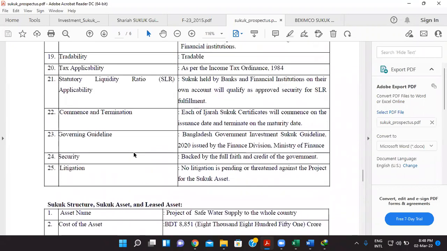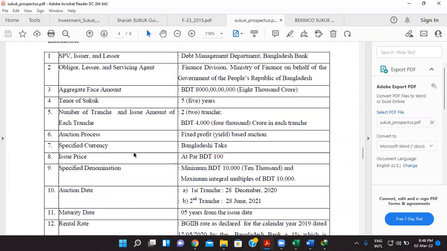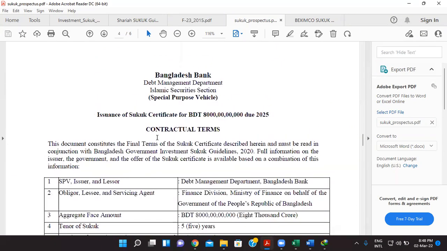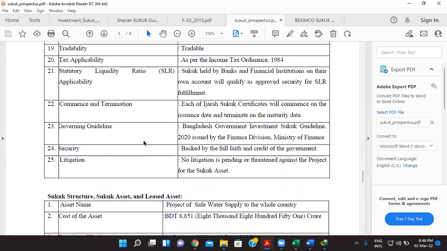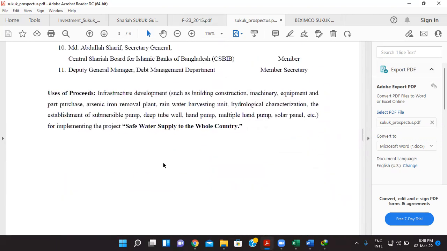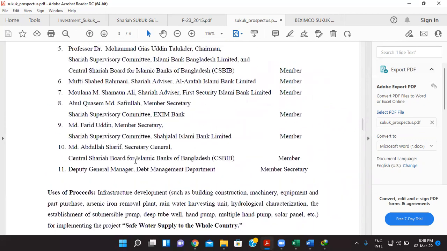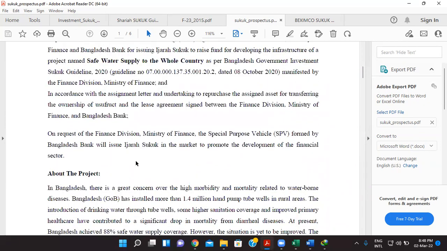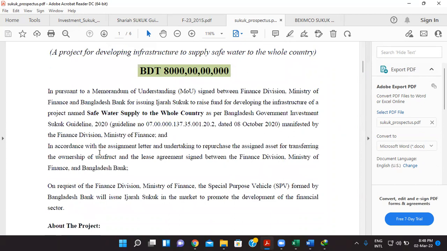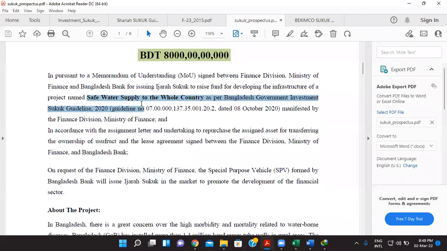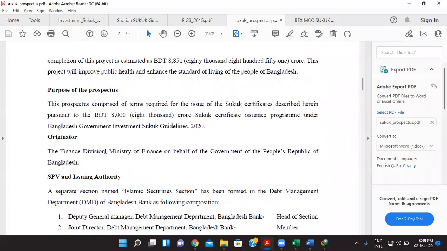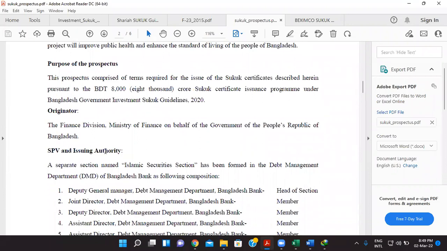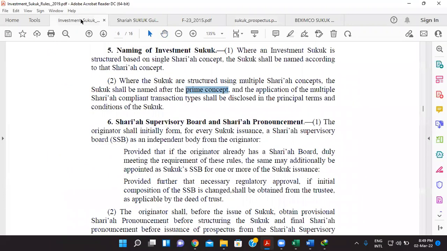I do not see the full name of their sukuk. Probably Bangladesh government ijara, it is not Bangladesh government, it is probably in this way, safe water something. Let me take a look at this project. They financed, but it is mainly ijara sukuk, but I do not see what is the total name.